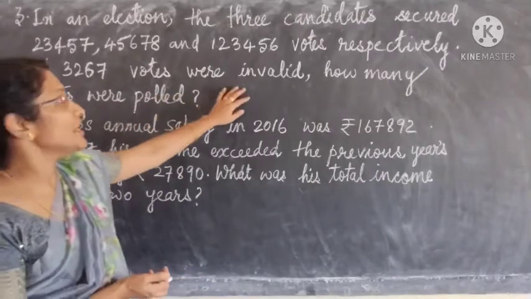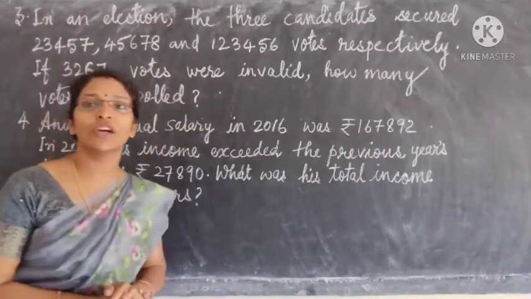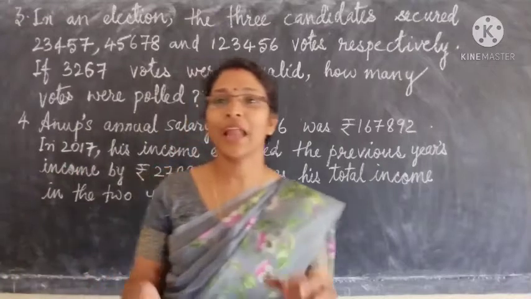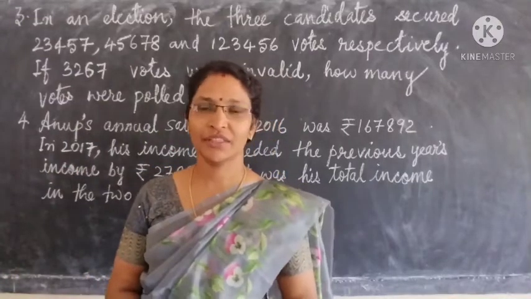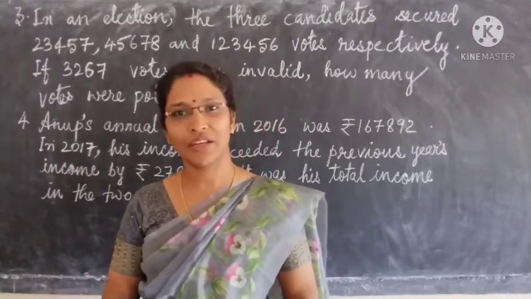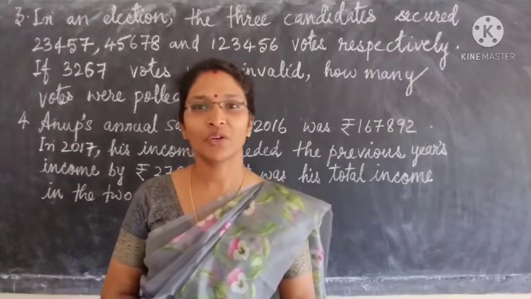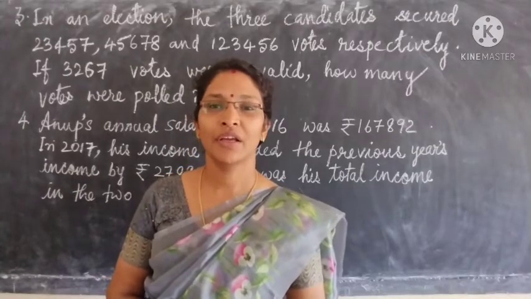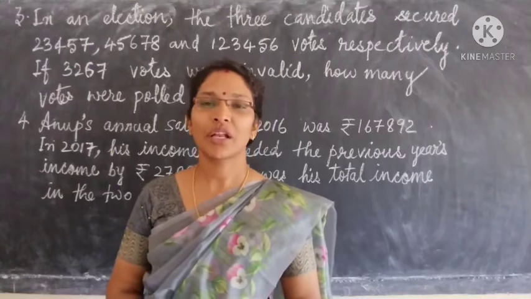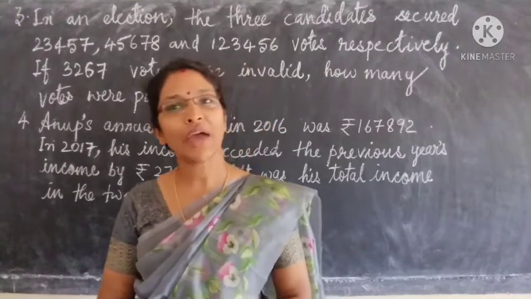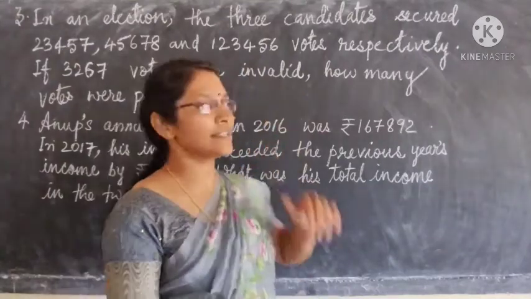Now here our question is, how many votes were polled? How many people have given the vote? That is what we have to find out. How can we find out the total number of votes polled? For finding out the total number of votes polled, we have to add all these.